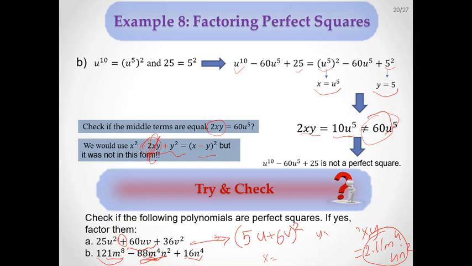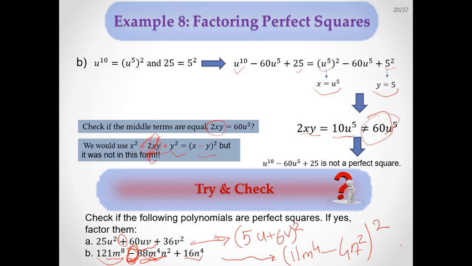So yes, it's a perfect square, and this is the square of a difference because we have a minus here. We see a minus sign here, it's negative. So in this case, this is the square of 11m to the 4th minus 4n squared.